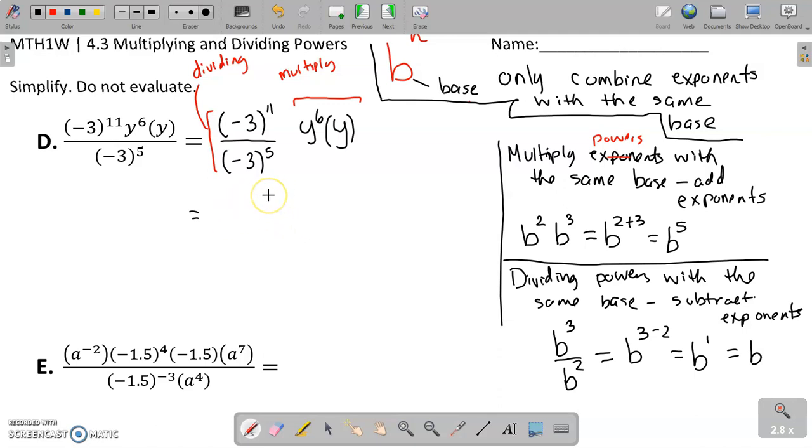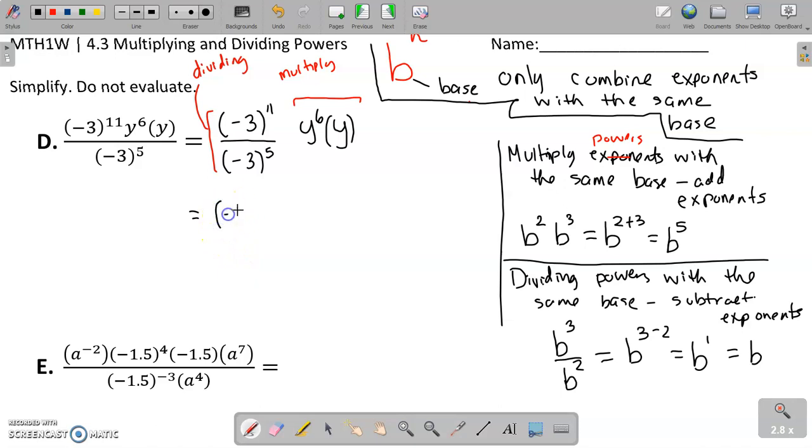So now here, if we look at this example, you look at the way the -3's are written, and you can see that's dividing. So what we're going to do is rewrite this, applying this division rule.